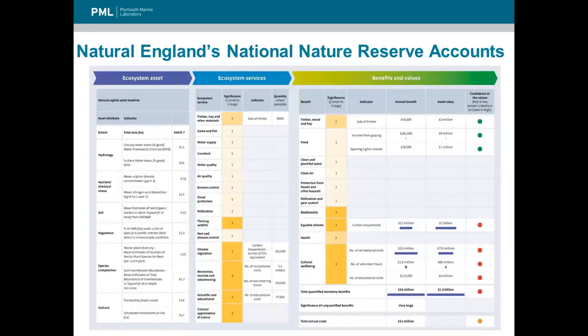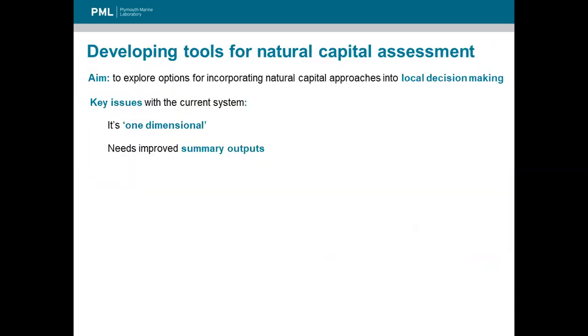And I really like this output that was England's National Nature Reserve accounts, because there you have on a 2-page spread all the summary information about your ecosystem assets, your services, and your benefits and values, including things like scoring for the significance of the services and benefits, and an assessment of confidence. And those kinds of summary tables should really be on the top of all kinds of impact assessments.